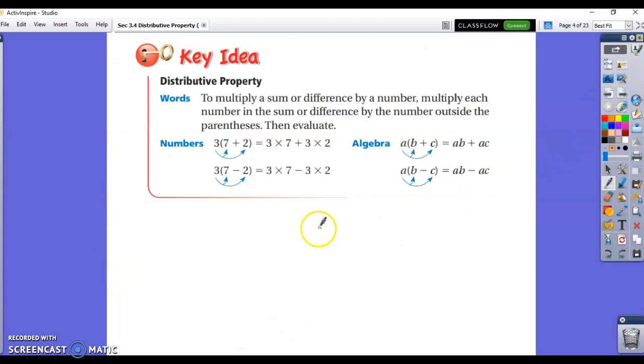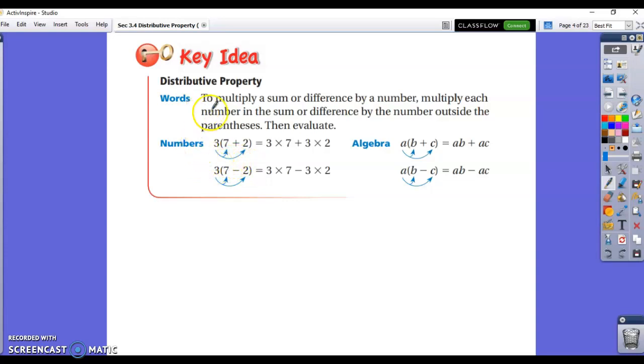To start off with, we need to understand what the distributive property is. When we look at the distributive property, what it means is to multiply a sum or a difference by a number. So if you take a look here, the sum of 7 plus 2 is being multiplied by the number 3. The difference of 7 minus 2 is being multiplied by the number 3 here.